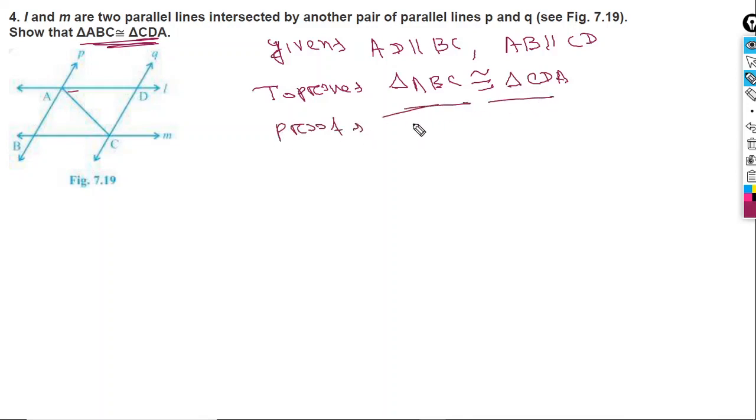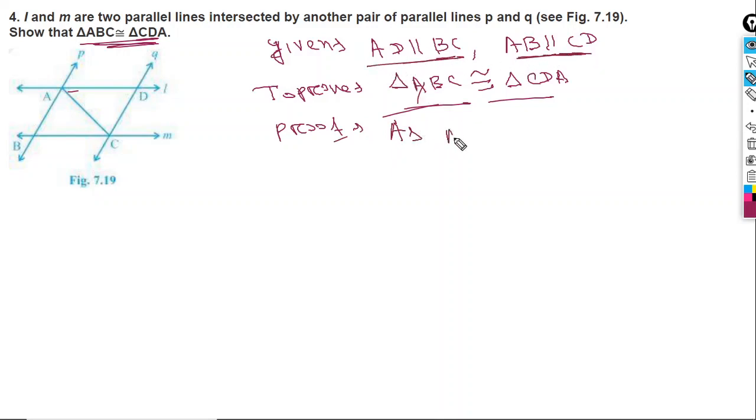In between these two triangles, we'll write in triangle ABC, and okay, first we will not write in between two triangles. First we will start with the quadrilateral. Here you see edge AD parallel to BC and AB parallel to CD.